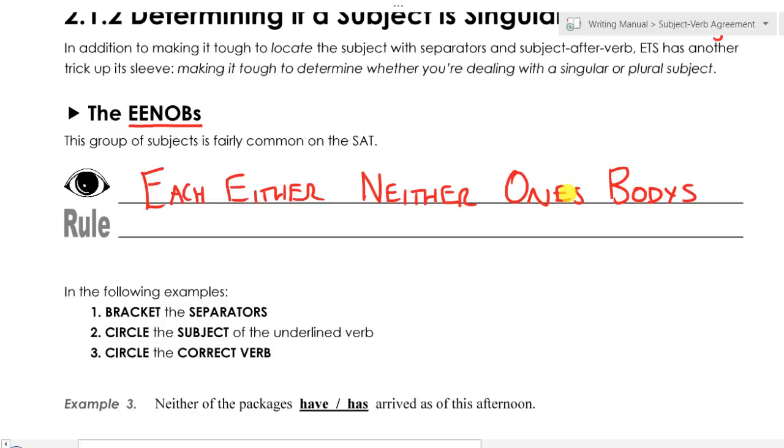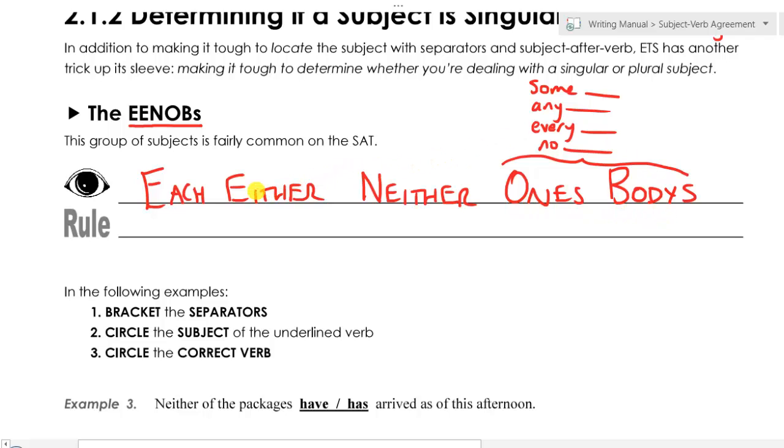With the ones and the bodies, the each, the either, and the neither are self-explanatory. With the ones and the bodies, we're talking about words like someone, somebody, anyone, anybody, everyone, everybody, no one, nobody. The words that end with one or body.